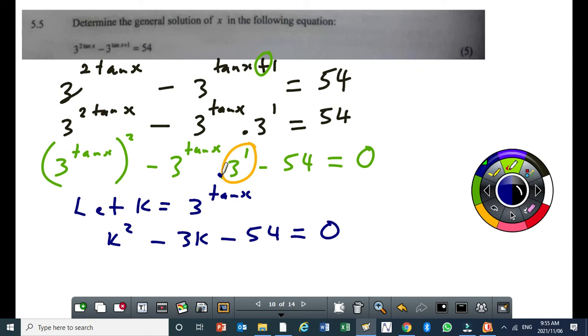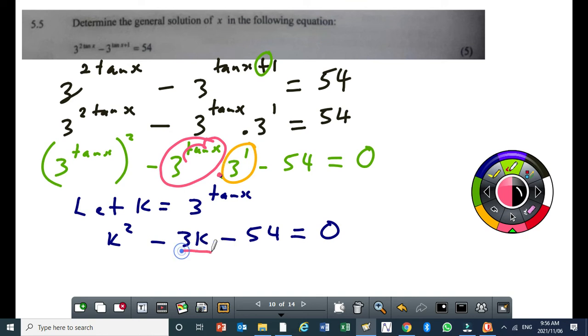I said this question here, you could not do it without the K method. The question was testing your knowledge of exponential equations and trig. So I said let K be equal to 3 to the power of tan x, which means where I have 3 to the power of tan x, I put K there. Multiplied by 3, what is K times 3? 3K, which is what I want here.